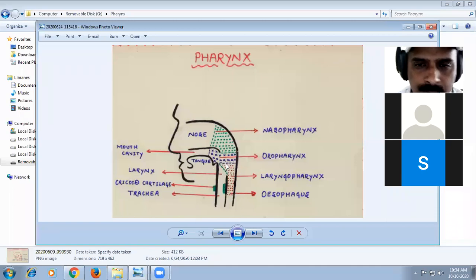Then the third one is that after any route, the virus enters into the blood, and through the blood it is circulated and carried to the central nervous system, the brain. So it affects the brain and other parts. It may affect the nerves of smell and taste, causing loss of smell.